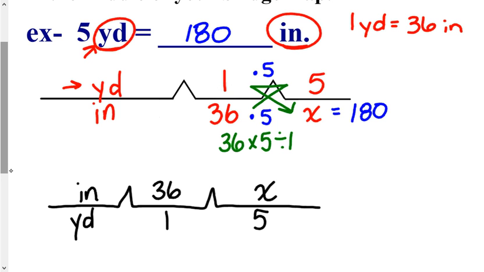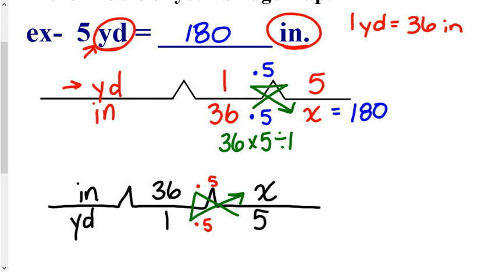Notice that, again, I would still do the same thing. I still have a scale factor of 5, or I could still cross multiply and then divide, and that would be 5 times 36 divided by 1, which would still give me 180. So the key is to make sure that whatever you do, you preserve the order and put the numbers where they belong based on where you put the units.